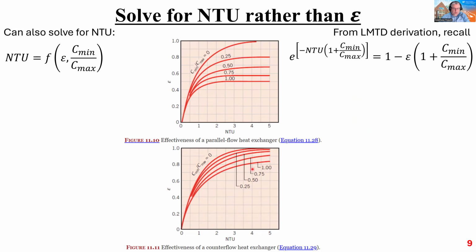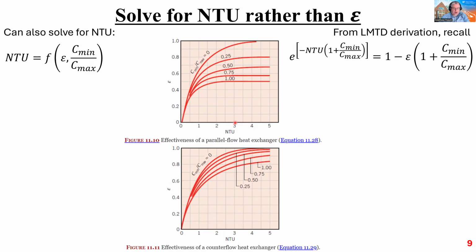So what that means is, let's just put this to the test. Here's my parallel flow heat exchanger, and here's my counterflow heat exchanger. Let's say they both have an NTU of 3 and a CR of 1. The argument is that counterflow should be more effective than parallel flow. Let's see.